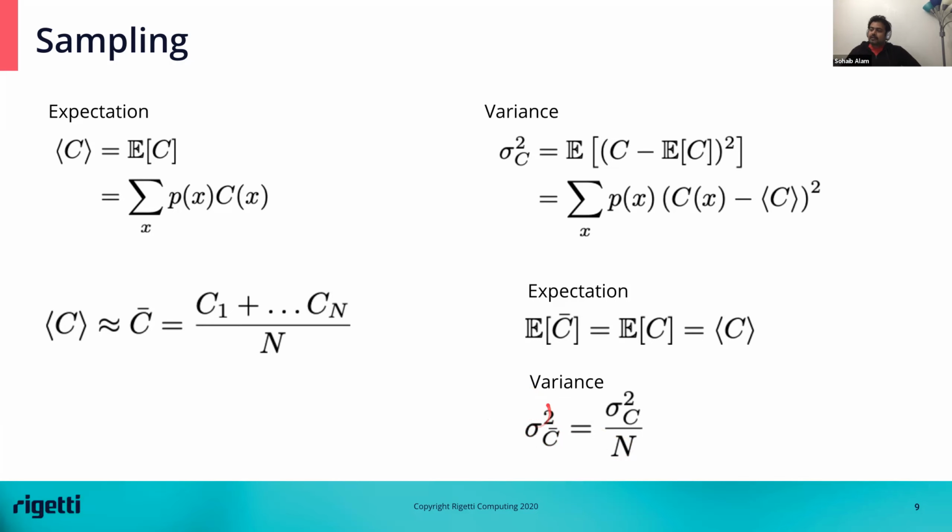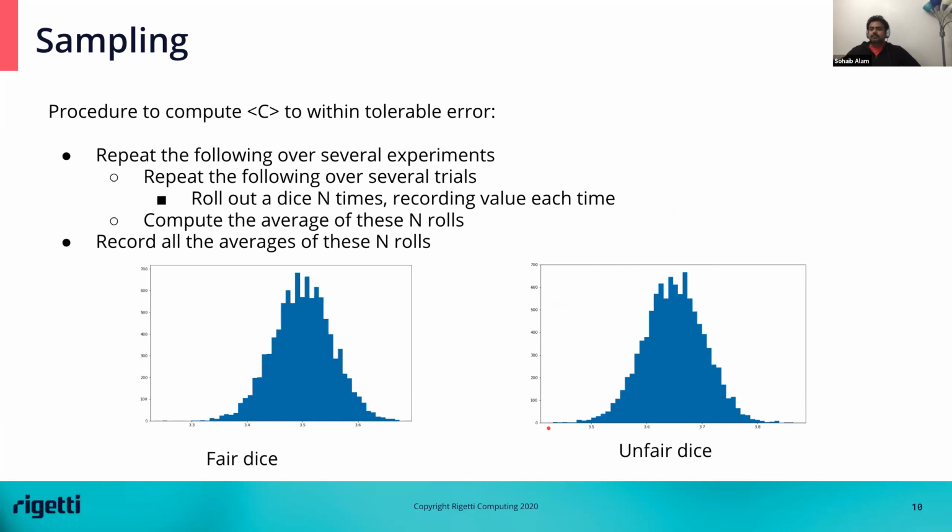And what this spread in C bar looks like essentially is as follows. Remember now that we're trying to compute the expectation value of the original random variable C. What we have access to experimentally, of course, is only C bar.